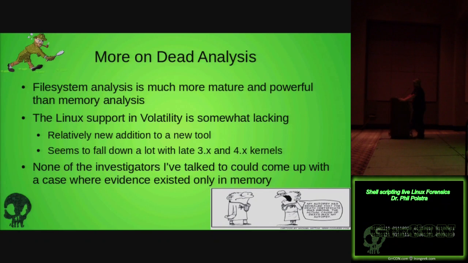I would say, why not? But in addition, you will almost always find the same evidence somewhere on a file system or other place, where you can say, I've got some good mature tools that prove that this happened.